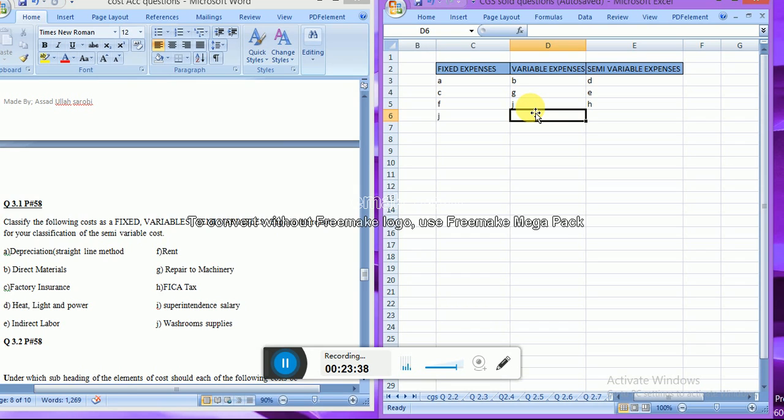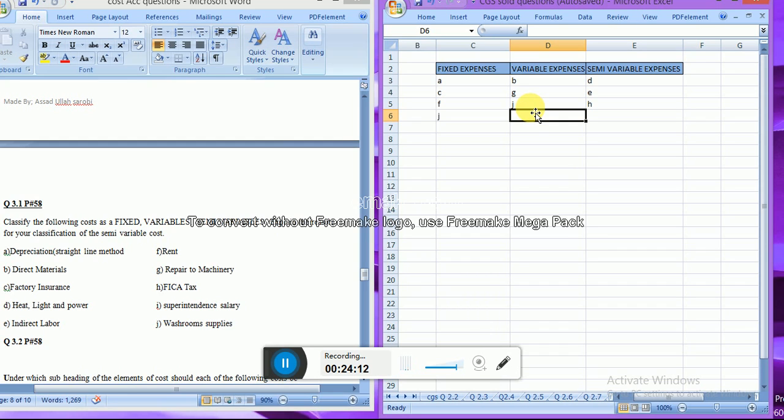Up to some limit per unit they are fixed, but when the quantity is increasing, the per unit rate is also changing. So per unit they are fixed, but by usage they are variable. So they have both qualities, variable and fixed. That's why these are called semi-variable or semi-fixed costs.